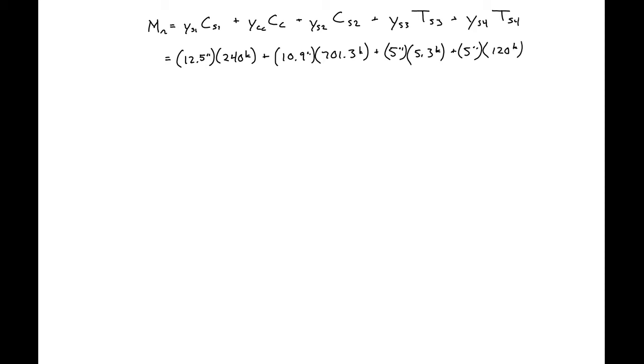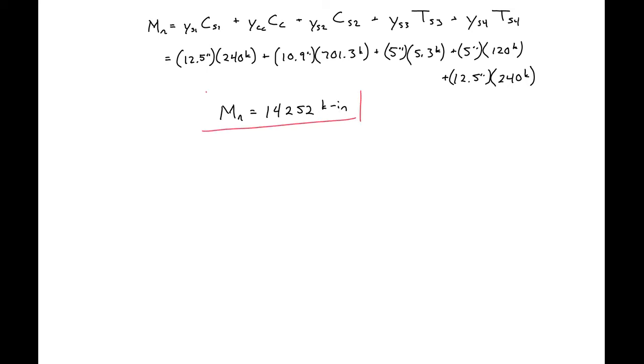And then our last component is 12.5 inches times 240 kips. So this will give us an MN equal to 14,252 kip inches.